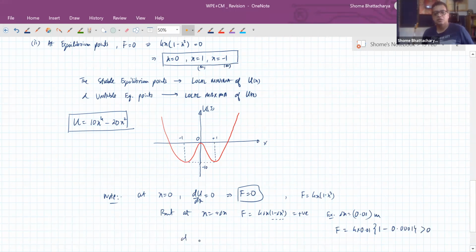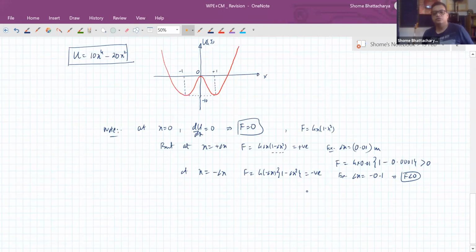Whereas at x equal to minus delta x, this will tend to be negative. You can see that the force will become negative. So that means the force is non-restorative.